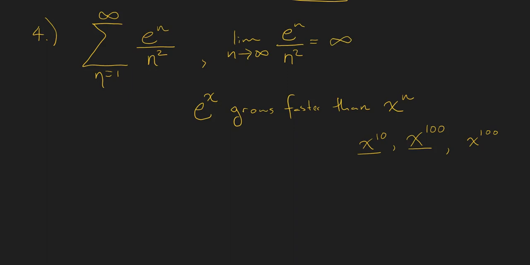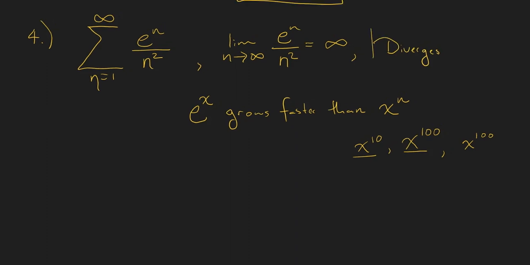Another way that we could have done this is by applying L'Hopital's rule. We would have been able to determine that. Okay, so since this limit equals infinity, that would imply that this series diverges. Once again, by the nth term test, since the limit does not equal 0, since it equals something other than 0, we know that it diverges.